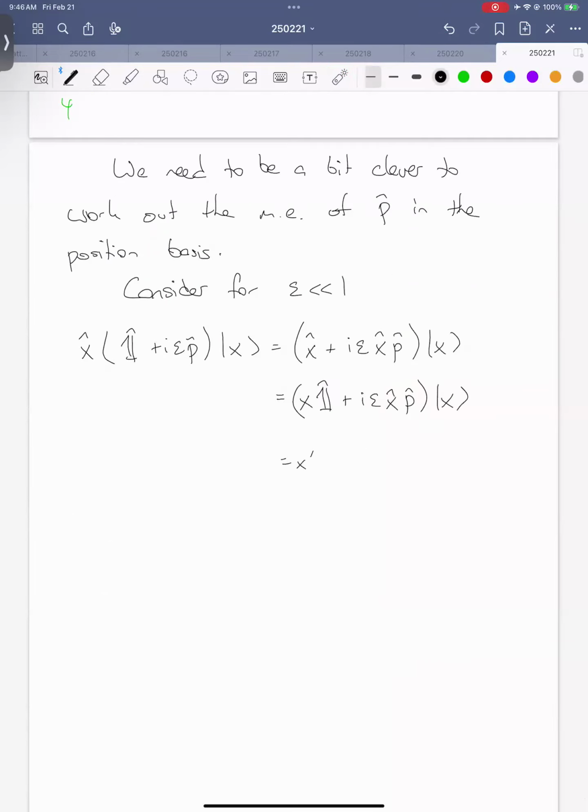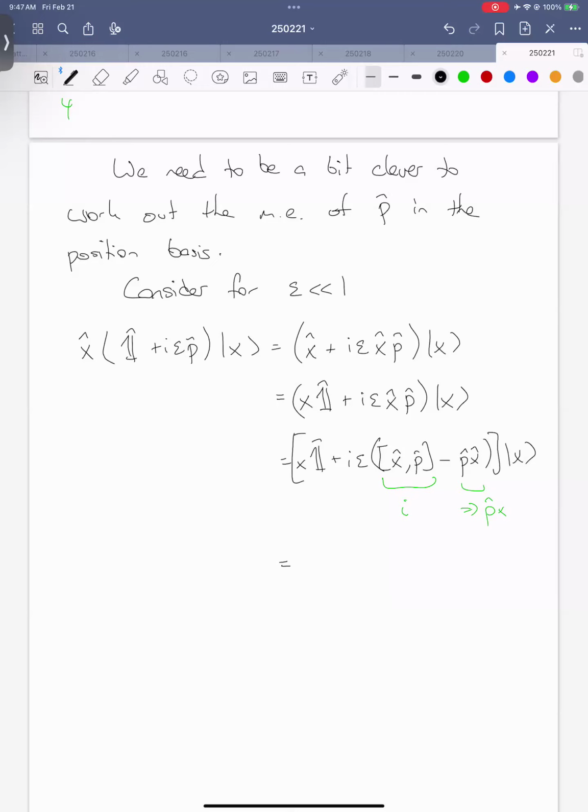So this is equal to x1 plus I epsilon, and then xp is the commutator of x with p minus p hat x hat. We know that the commutator of x with p is I, and then p x hat acting on x will give us p hat x.